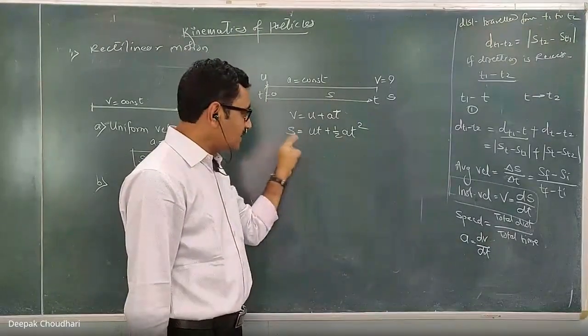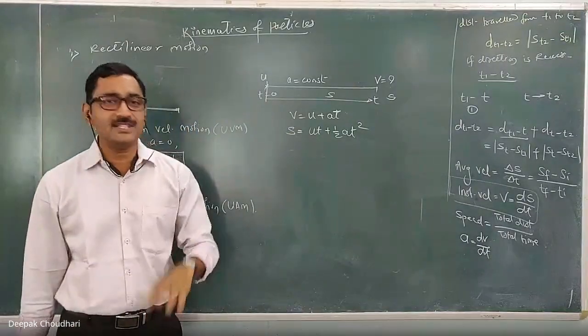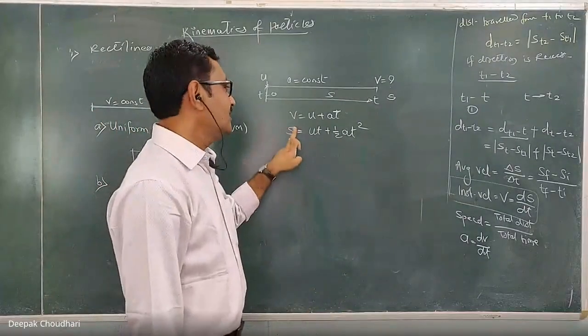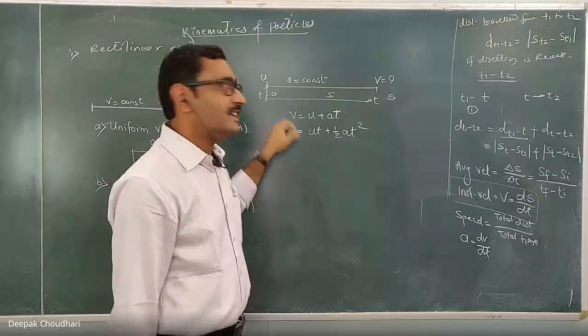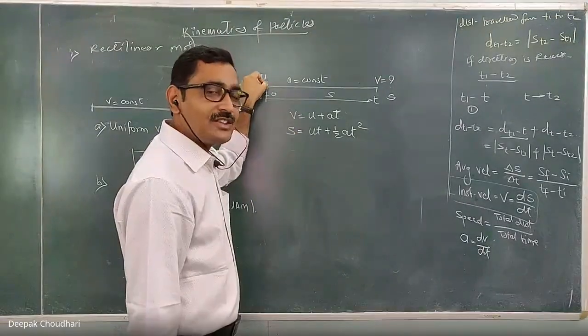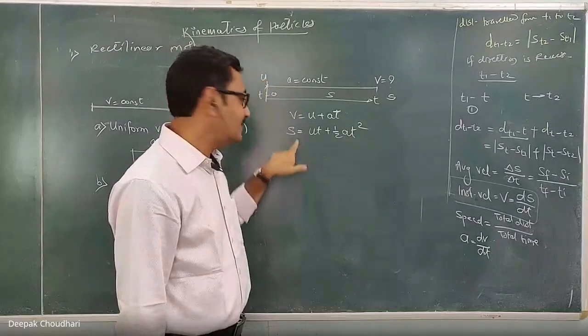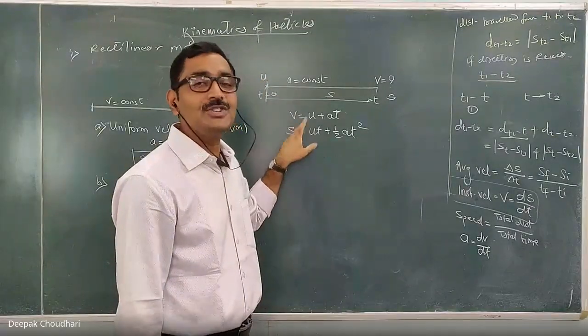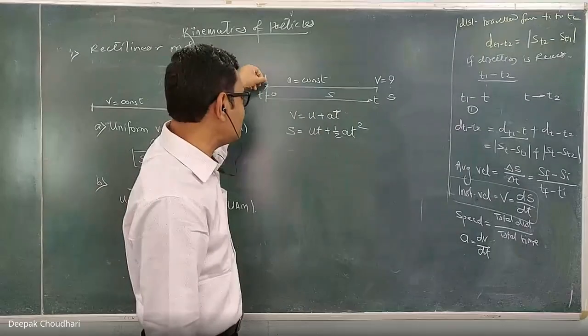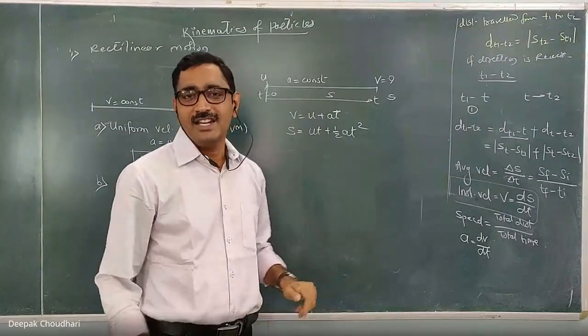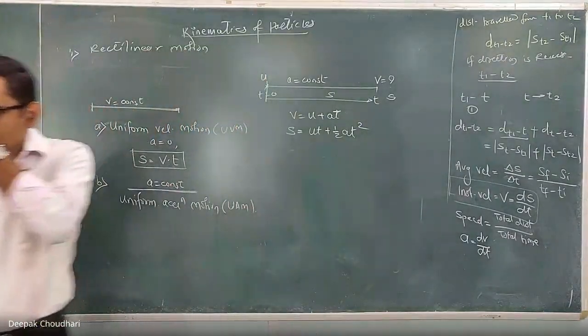By using this formula S equal to UT plus half AT square, we are assuming that the point from where it starts, the position at t equal to 0, is the origin. This equation always gives you the shortest distance from the starting point.